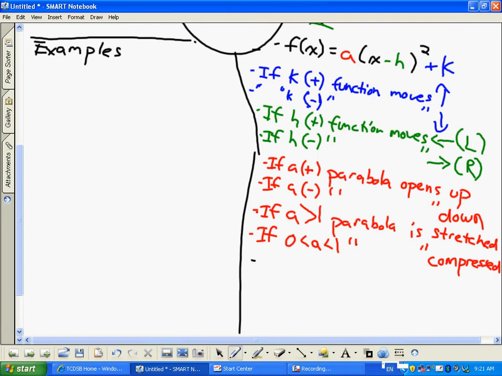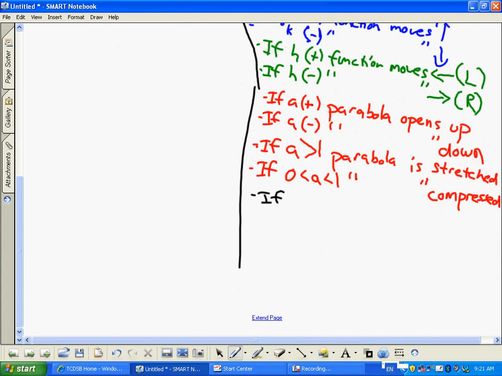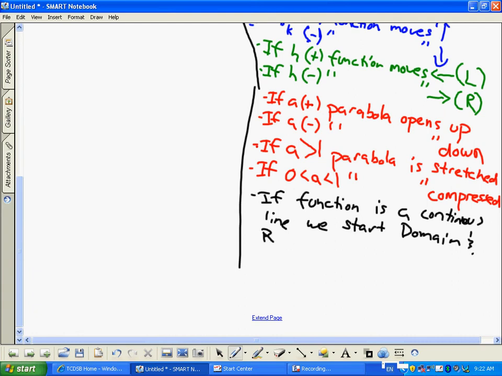Okay, so just make sure we know this last one. For domain and range, if a function is a continuous line, we start domain and range with, and this is the important part, either x is all real numbers, or y is all real numbers.